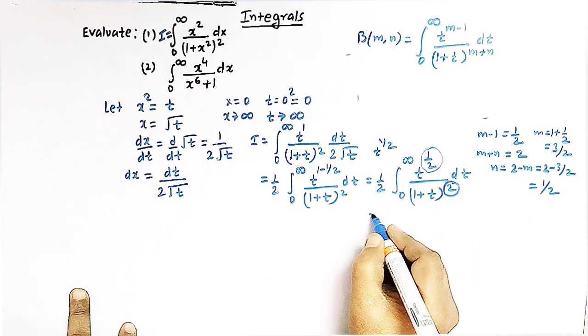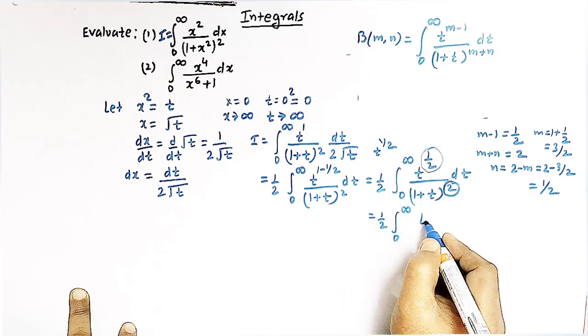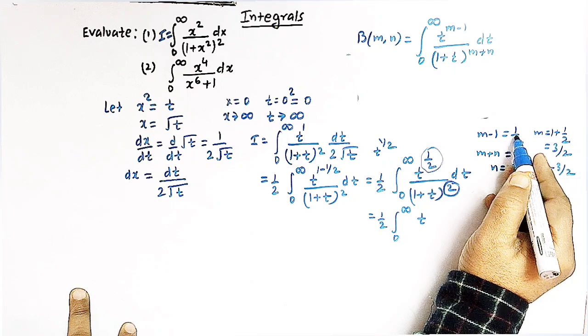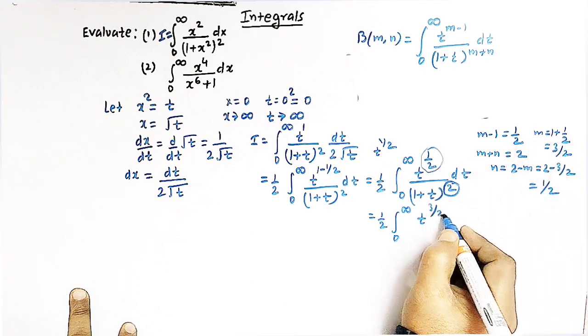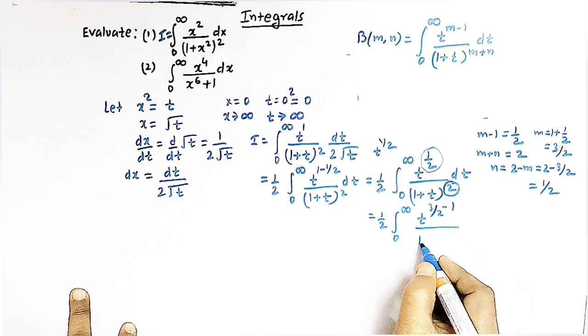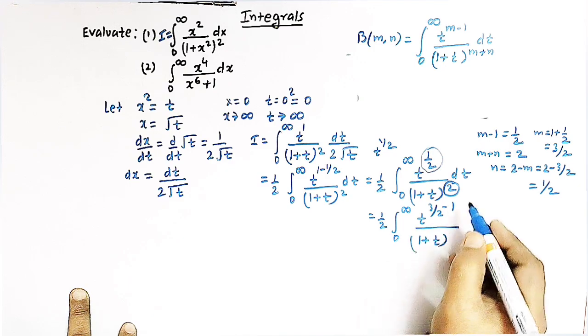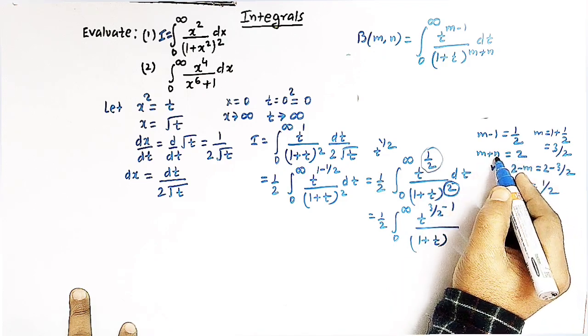So now we can write this integral as half, 0 to infinity, and t raised to half can be written as m minus 1. M is 3 by 2. So here we have 3 by 2 minus 1, and then we can write 1 plus t, and here we have 2. So 2 can be written as m plus n.